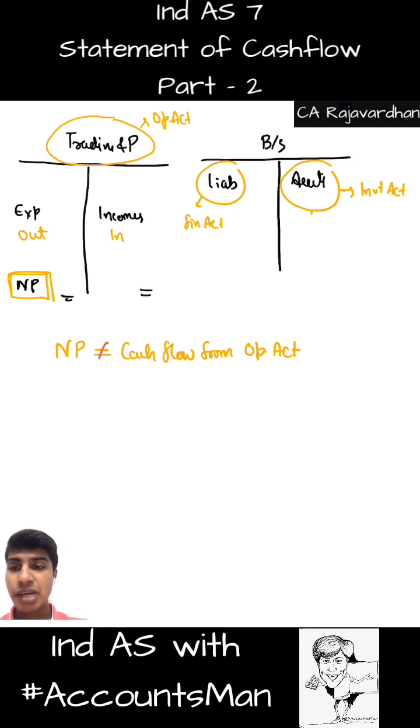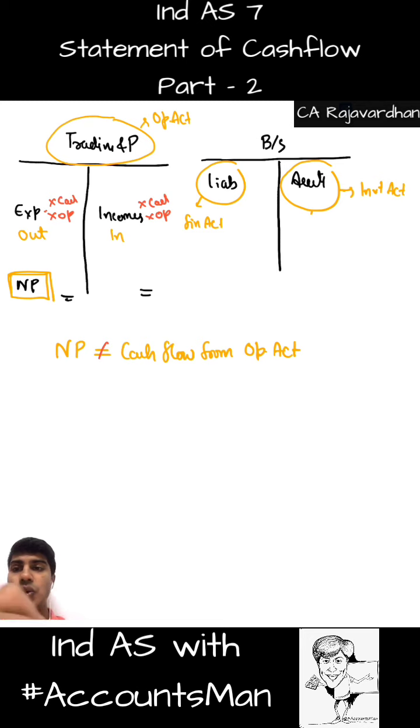What are they? There might be a few expenses here which are not cash. There might be a few expenses here which are not operating. Similarly, a few incomes which are not cash incomes, and a few incomes which are not operating incomes. You get that? So there might be investing items, such as dividend received. It will become investing income, but it is wrongly part of our net profit.